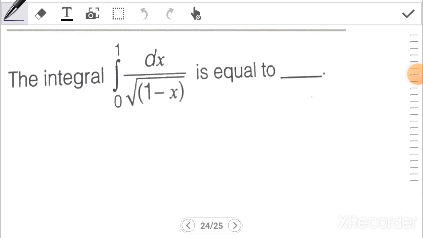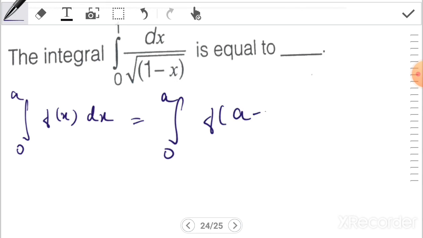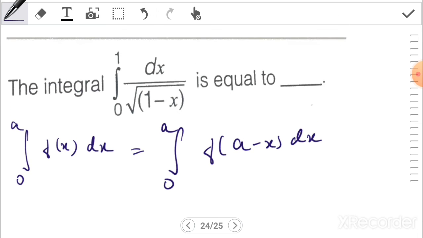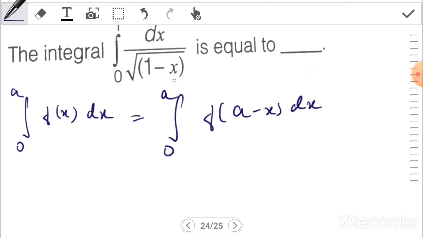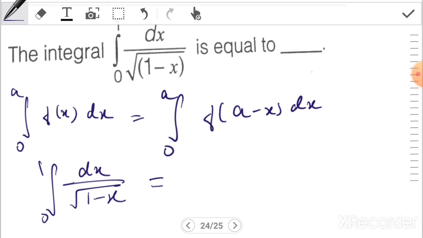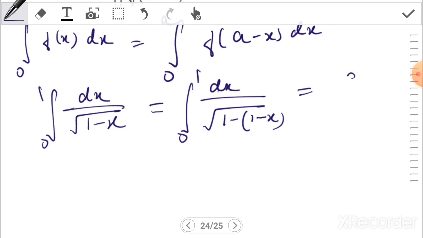The integral dx by root under 1 minus x from 0 to 1 is equal to. If you remember, integral 0 to a f of x dx is equal to 0 to a f of a minus x dx. So using this property of definite integral, we can equate this to dx by root under 1 minus of 1 minus x, which is equal to dx by root under x from 0 to 1.